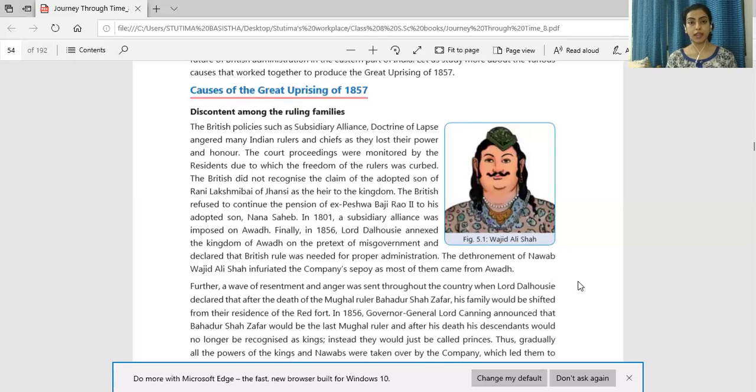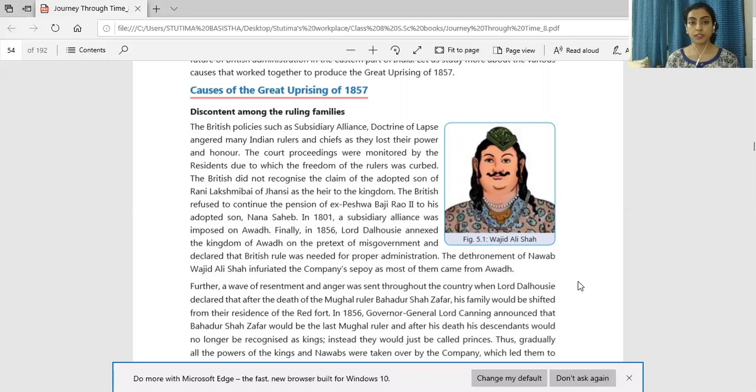They hardly allowed the rulers to adopt sons, because they knew that if they allowed it, that place would go out of their hands. So that was the doctrine of lapse: if any ruler died without a natural heir, then that place would directly come under the control of the British.